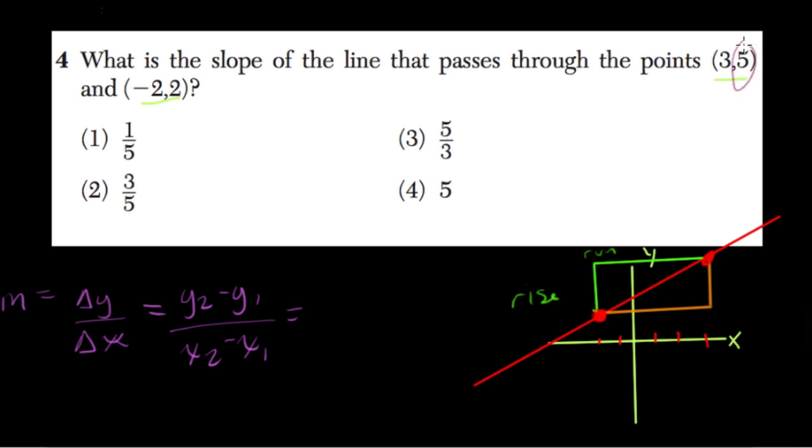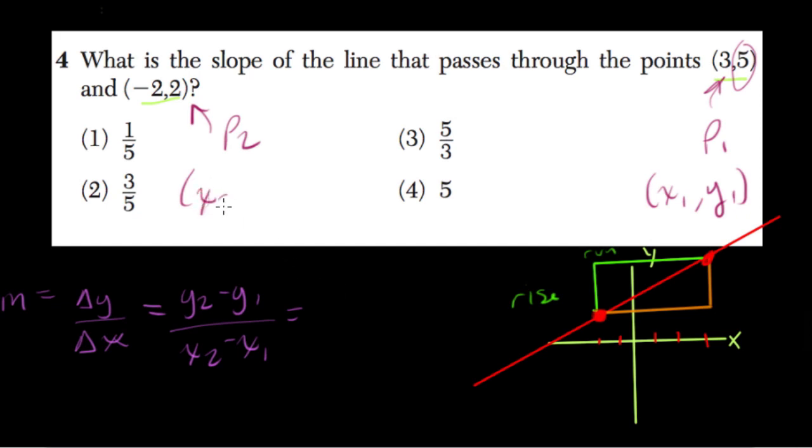We can call this point 1, so the numbers inside are x1 and y1. And this will be point 2, so those are x2 and y2.